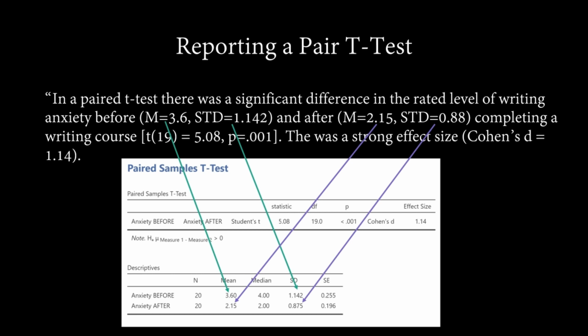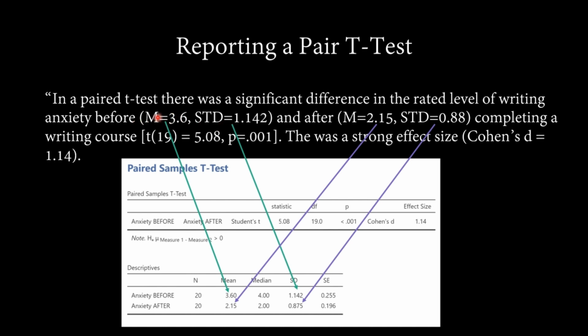In the paired t-test, there was a significant difference in the rated level of writing anxiety before and after completing a writing course. There was a strong effect size. So as you can see, as we did in the independent t-test, you do need to provide the mean and the standard deviation.